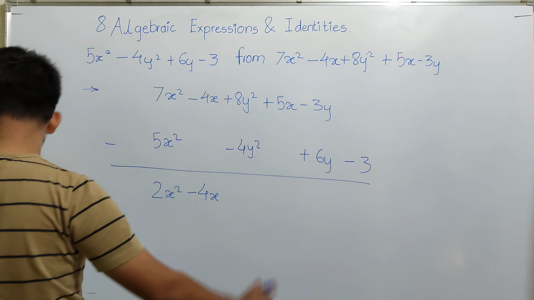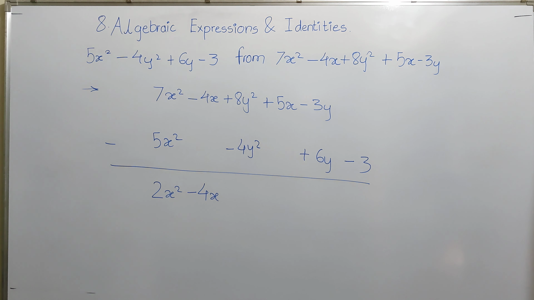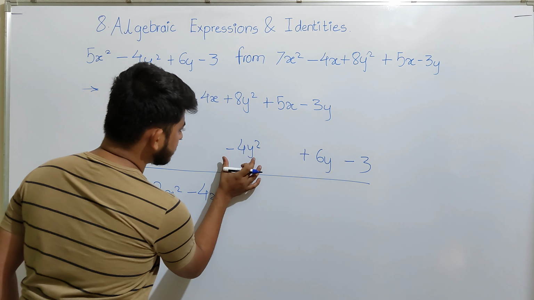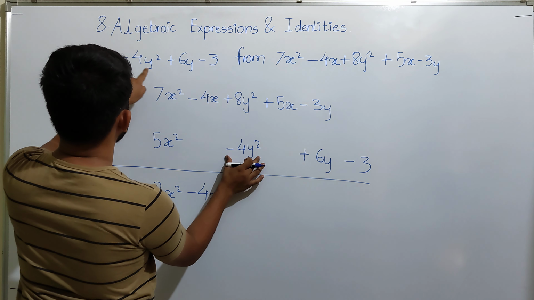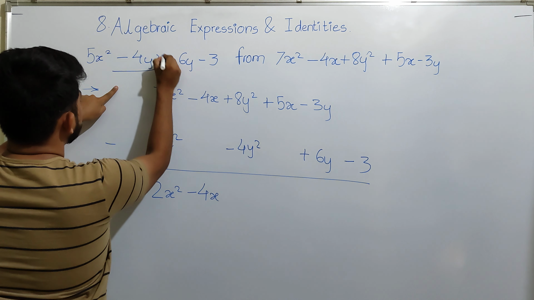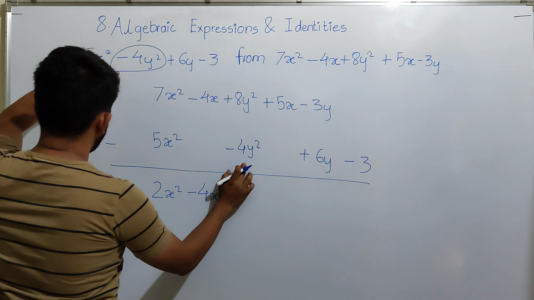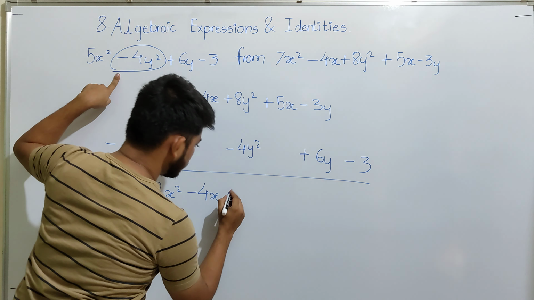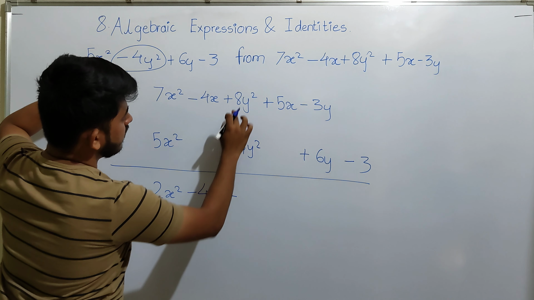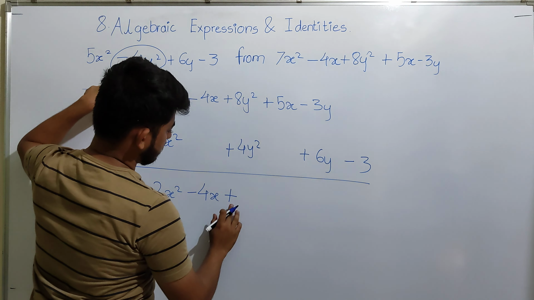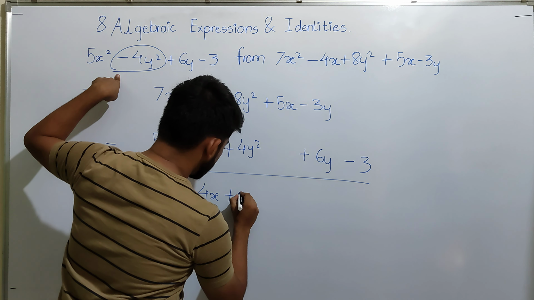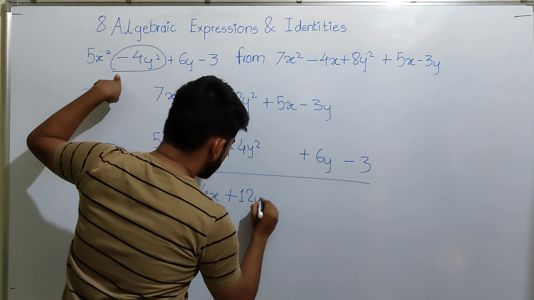Now this becomes plus 8y square, and minus 4y square becomes plus. Why? Because already this is minus 4y square, and again I am making minus, so it becomes plus. It becomes plus 8y square plus 4y square, 12y square.